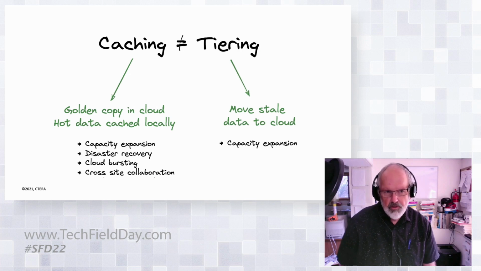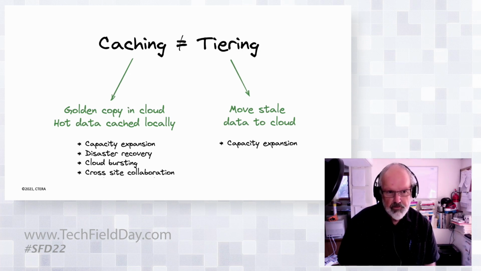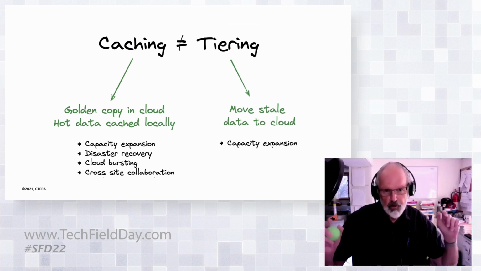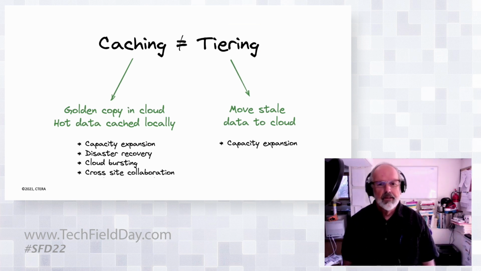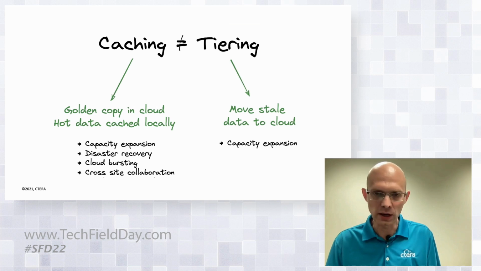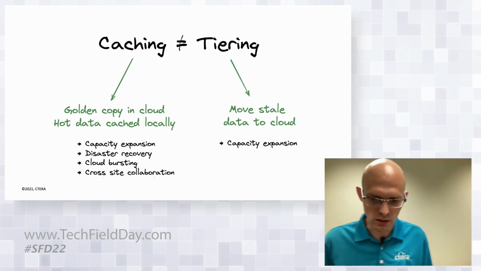Aaron, the big challenge with caching versus tiering is latency. Depending on where the physical data resides in the cloud, the latency can be multiple hundreds of milliseconds. If it's tiered, it's directly accessible as long as it's not stale, quote unquote, cold data. So caching and tiering are the same in this regard.